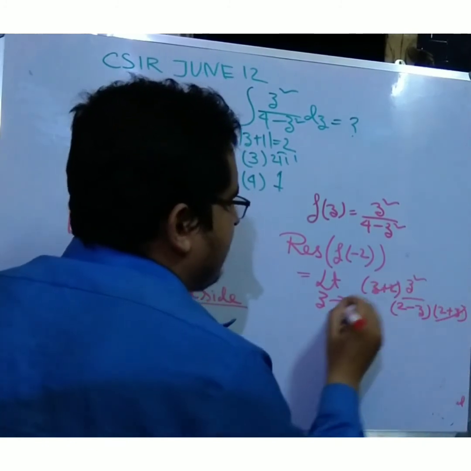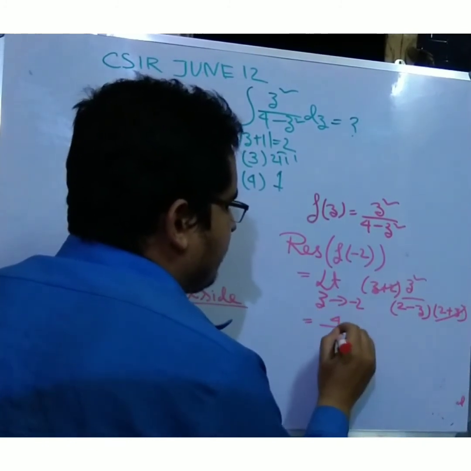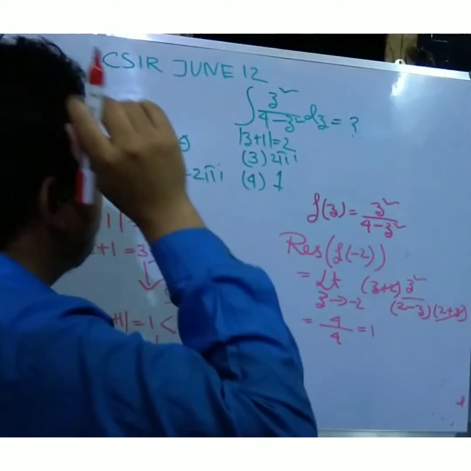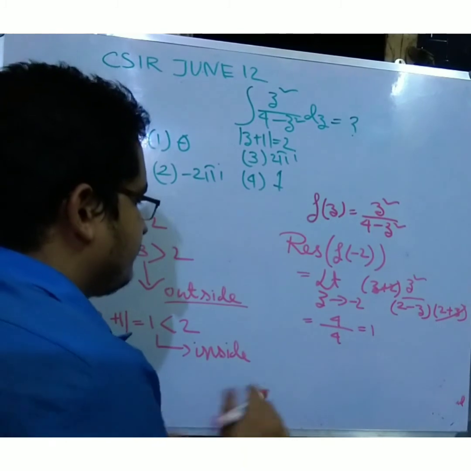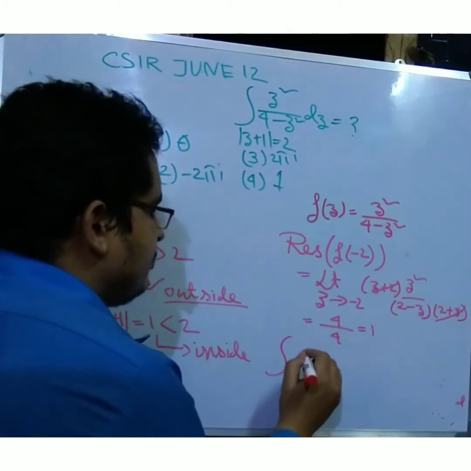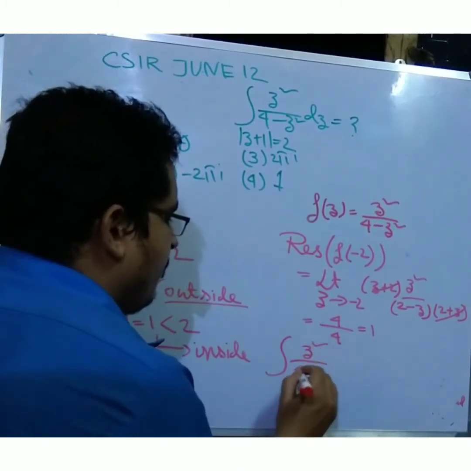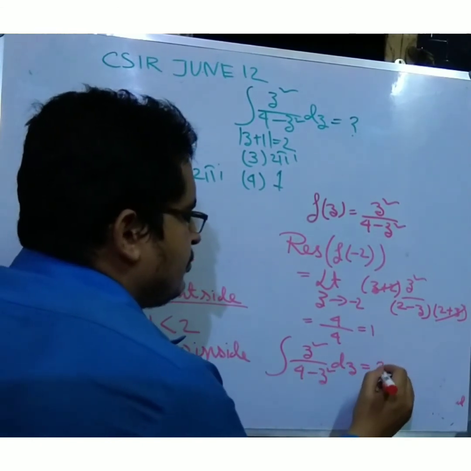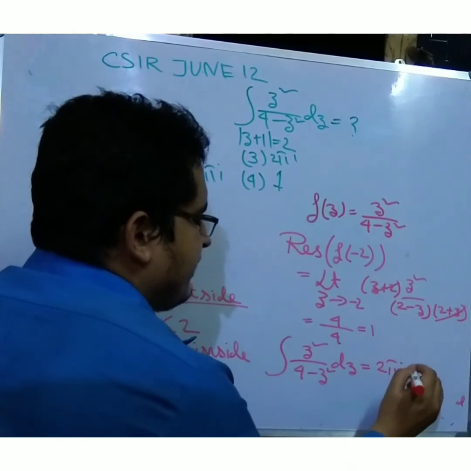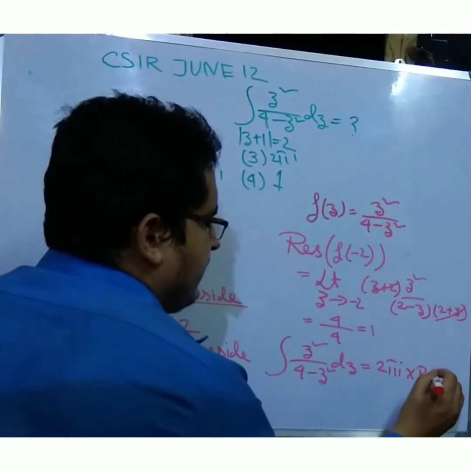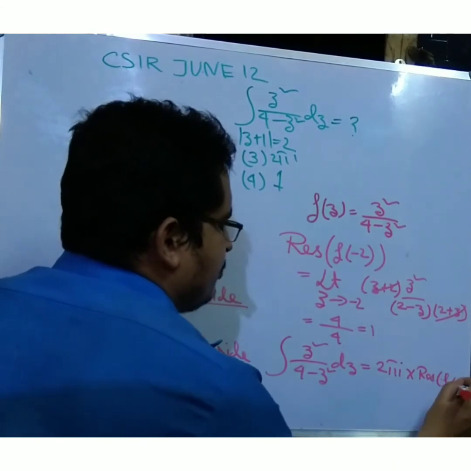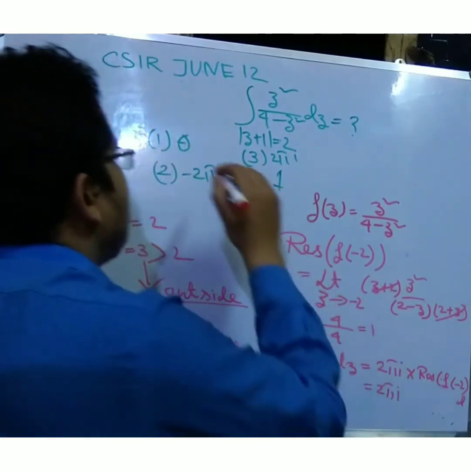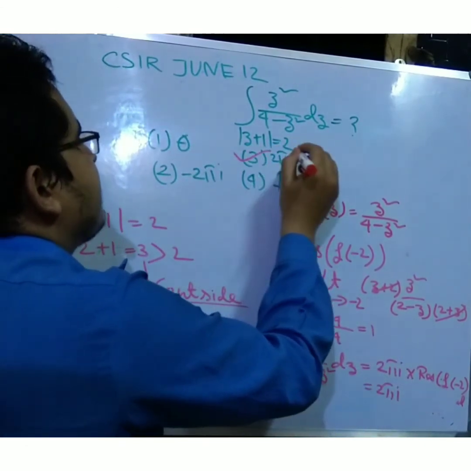The 2 plus z cancels, so it is 4 by 4 equals 1. 1 is my residue. So the integral of z squared divided by 4 minus z squared dz equals 2 pi i times the residue of f at minus 2, which is 2 pi i. So my third option is correct. The third option is 2 pi i.